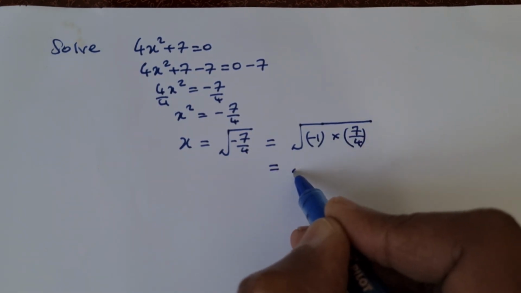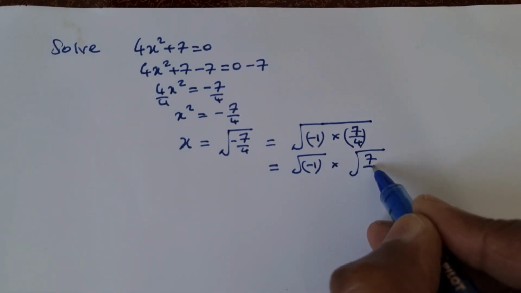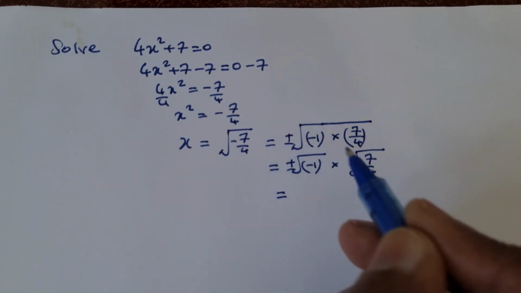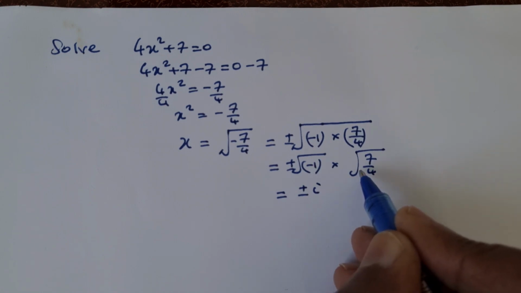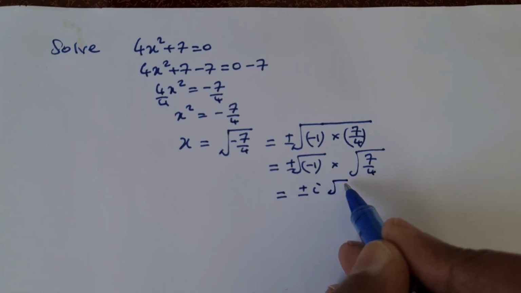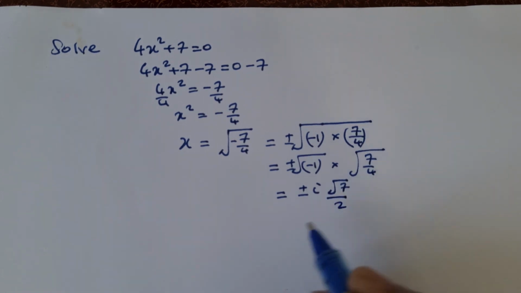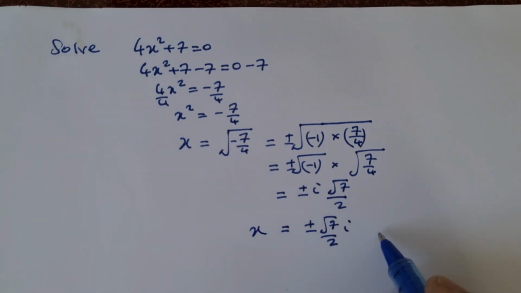And of course there's a plus and minus here, we shouldn't forget that, so we've got plus or minus i times the square root of 7 divided by the square root of 4, which is 2. So basically I've got a solution as plus or minus the square root of 7 over 2 i. So that's my values of x.